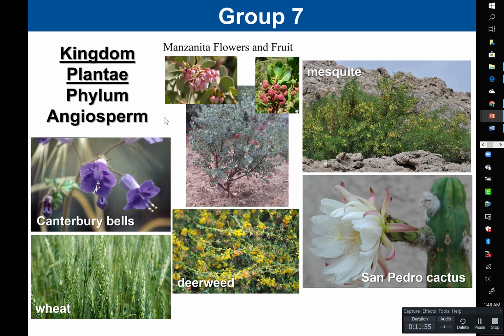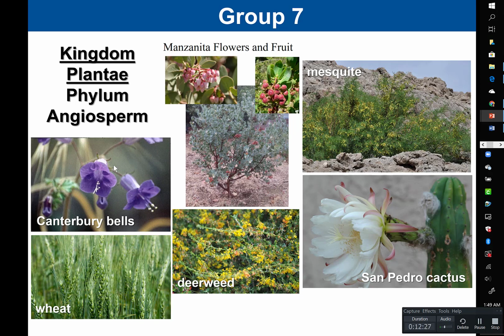The idea is that the flower attracts pollinators, so the animal comes and lands to get nectar, and inadvertently picks up the pollen. Then the bee, for example, will land somewhere else and pollinate another flower. So flowers help to attract pollinators.